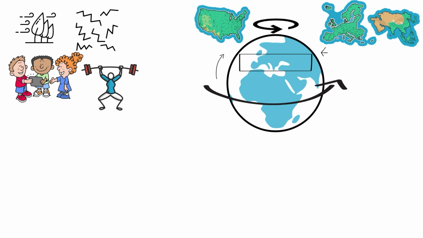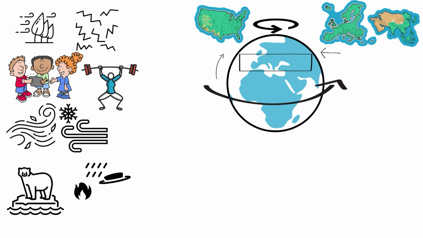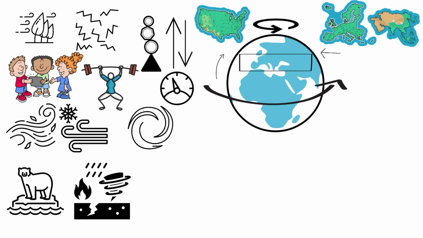But the real action happens at around 60 degrees latitude, where warm air from the Ferrel Cell collides with cold polar air. This zone is called the polar front, and it's one of the most chaotic places in the atmosphere. Here the atmosphere becomes unstable. Warm air wants to rise. Cold air wants to sink. The clash creates powerful low-pressure systems, spinning storms, cold fronts, and jet streams that race across the sky.